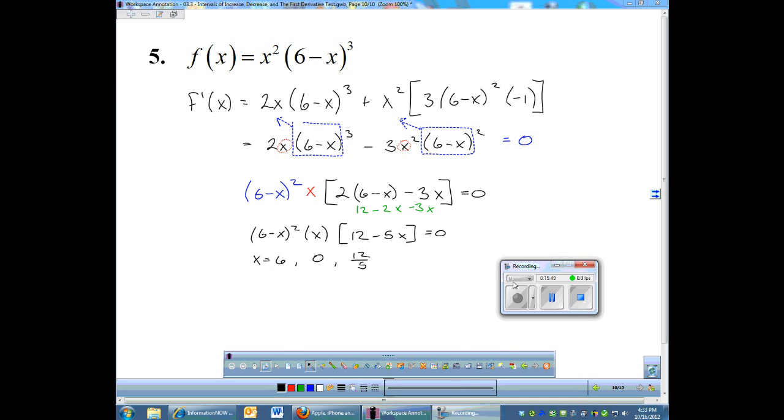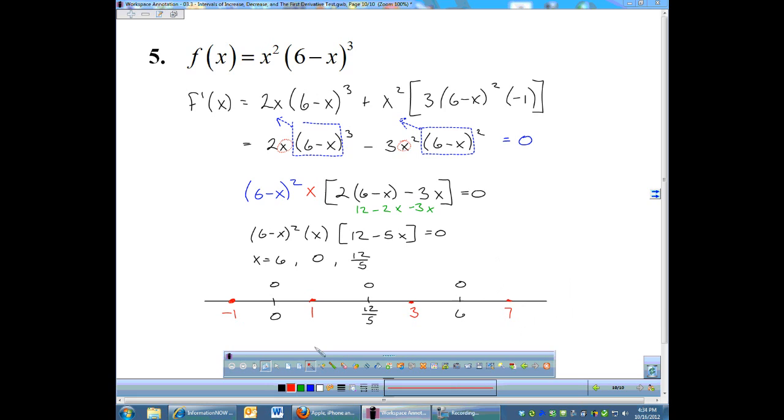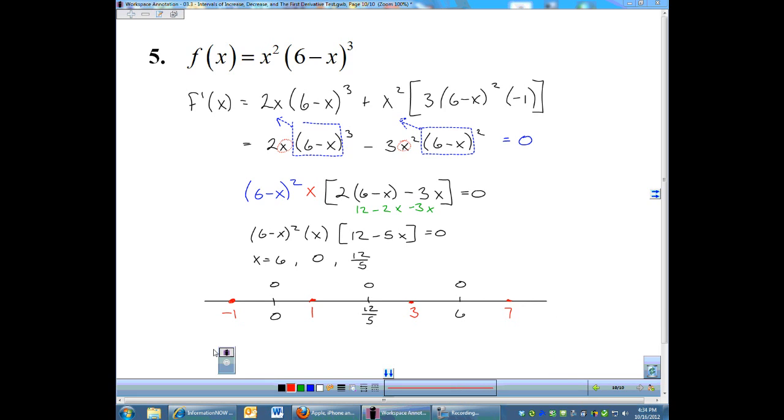So let me set up my number line. Okay, there's our number line, and then we'll start plugging in. Plug in -1 into my factored derivative. Now, my first one is something squared, so that's always going to be positive, times x, which is -1. 12 minus 5 times -1 is positive, so that's going to be a negative.